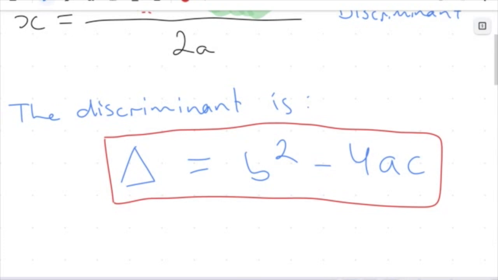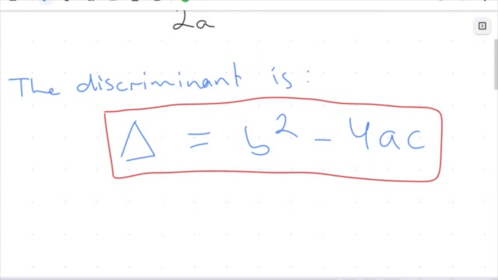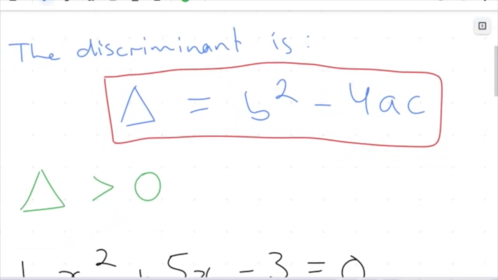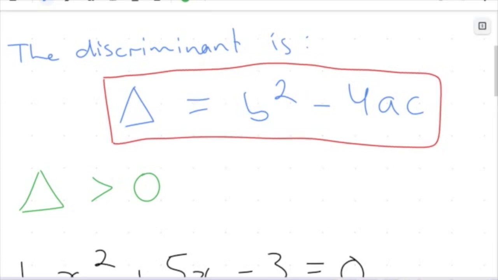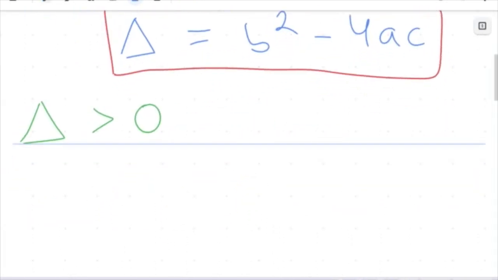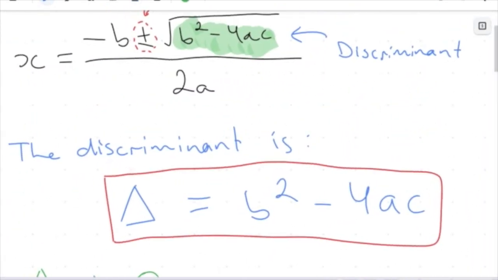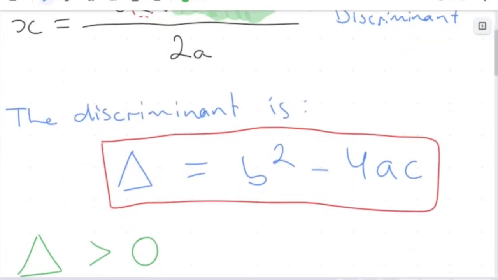Now let's consider a couple of cases for the discriminant. We're going to look at one that we saw happening a lot in the previous video, and that's when my discriminant was greater than 0. So, when the discriminant is greater than 0, that means the number under my square root sign is going to be greater than 0.